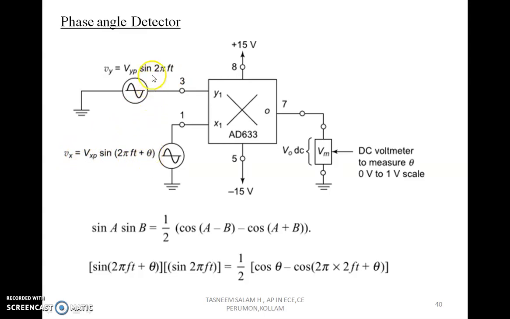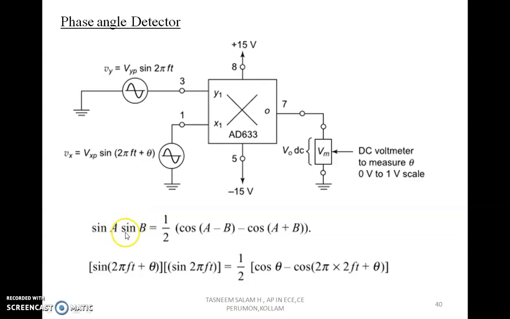That is, we have given two signals of same frequency but of different phase. So the aim of this circuit is to find the phase angle difference between these two signals. Vxp is the peak value of Vx and Vyp is the peak value of Vy. So we are going to get theta at the output.